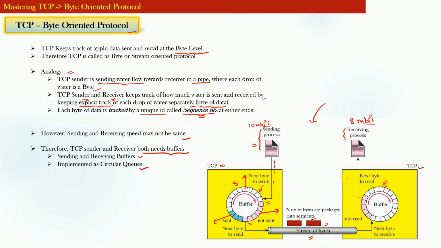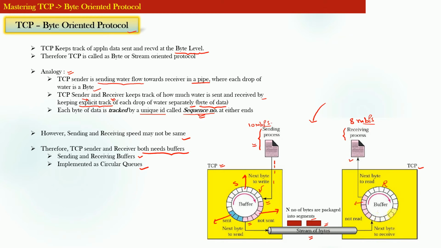Similarly, on the receiving side, in the circular buffer which is actually a receiving buffer, the pink slots represent the bytes which have been received from the sending TCP, but the TCP protocol has not yet delivered these bytes to the receiving process running in the application layer.